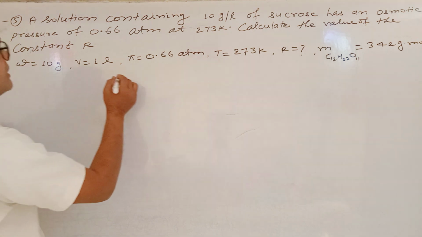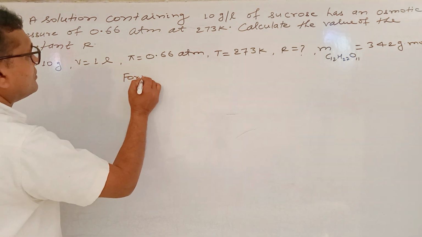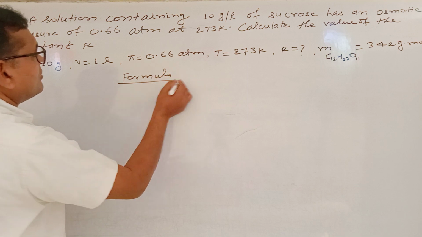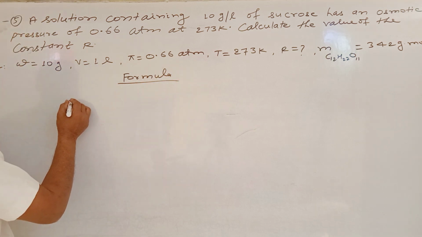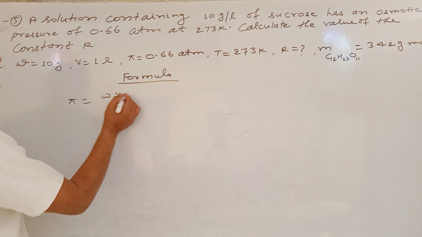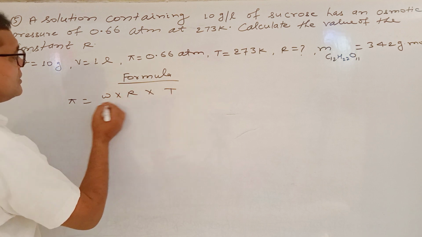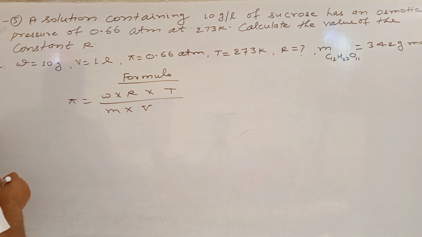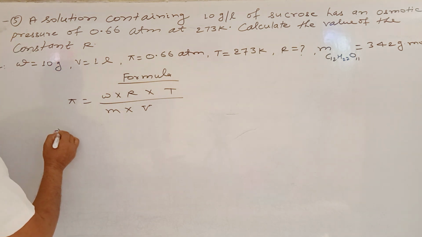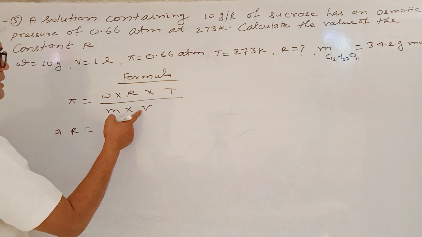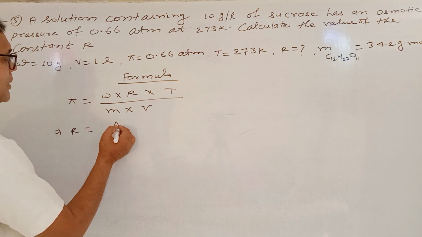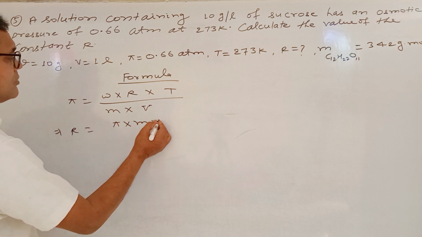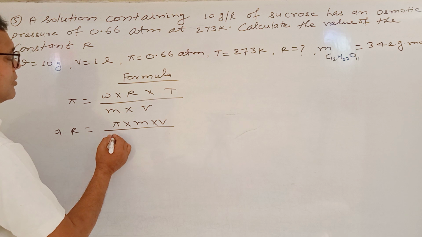Now we write the formula. Formula is pi equal to W into R into T upon M into V. Therefore, we write R is equal to pi into M into V upon W into T.